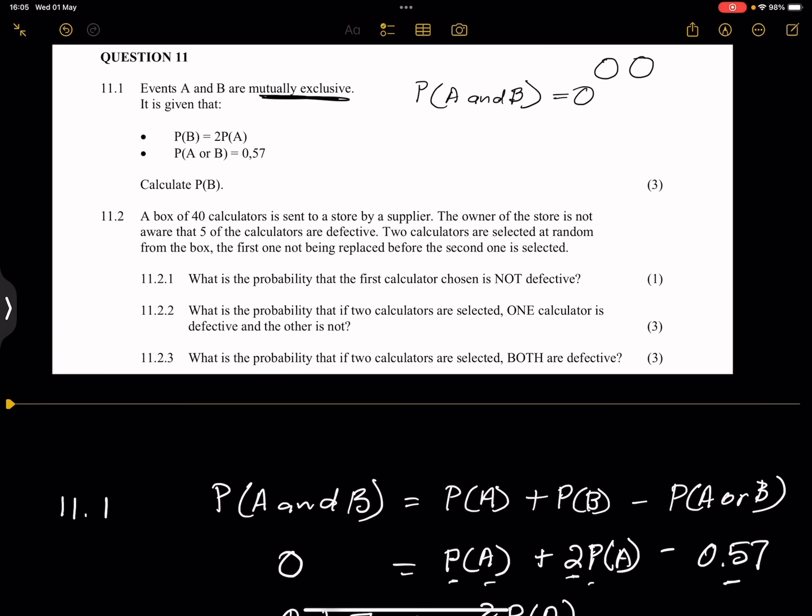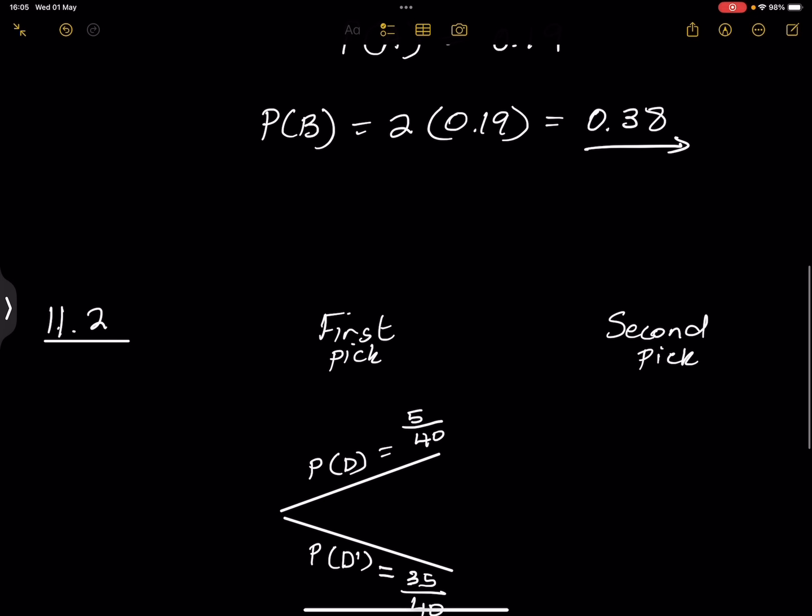Now, let's assume that in our first pick we picked a defective calculator. What would that look like? It means that if I picked a defective calculator here, then the number of defective calculators is less by 1. So what is the probability of picking another defective calculator?